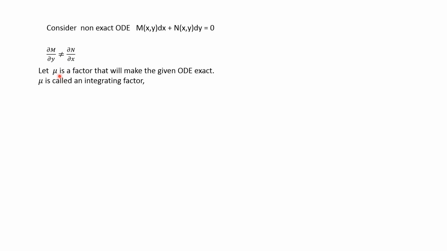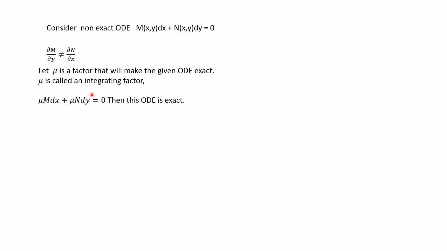Now, let us consider a non-exact ODE M(x,y) dx + N(x,y) dy = 0. Generally, the partial derivative of M with respect to y is not the same as the partial derivative of N with respect to x. Now, if mu is a factor that will make the given ODE exact, mu is called an integrating factor.